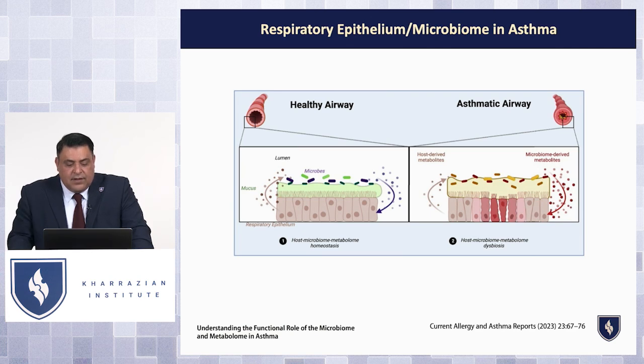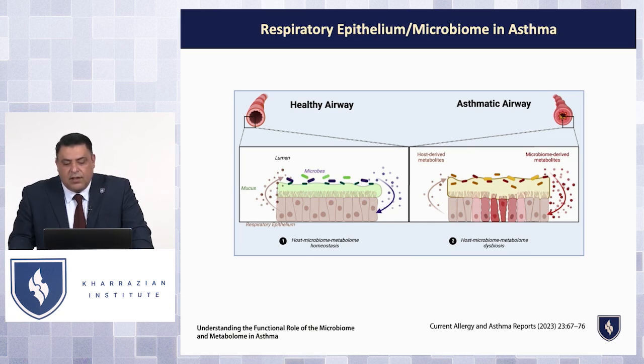There is dysbiosis in the mucosa, and there are a lot of inflammatory mediators there, and there's this proneness for these cells to have a hyperresponsiveness to any kind of allergen or airborne response.